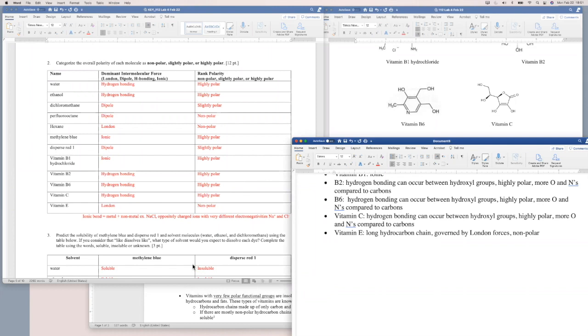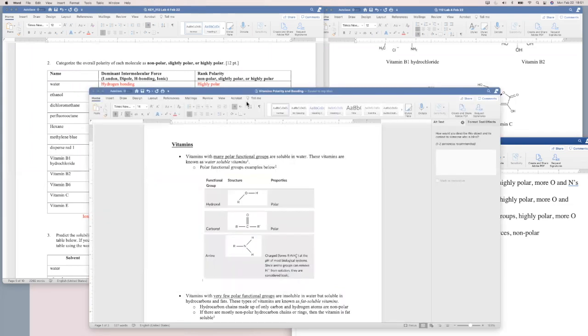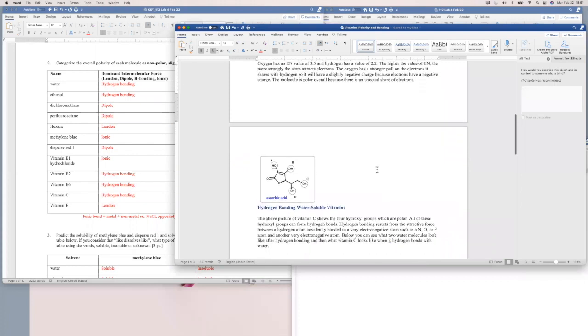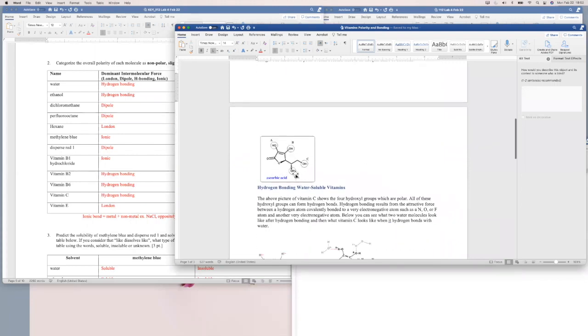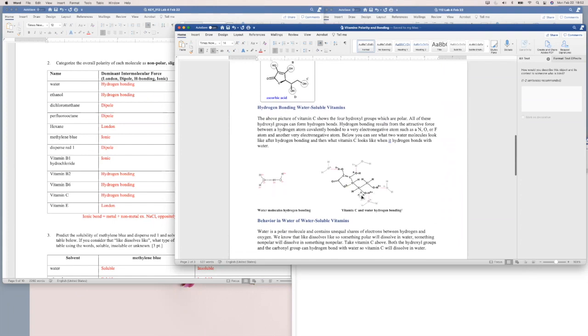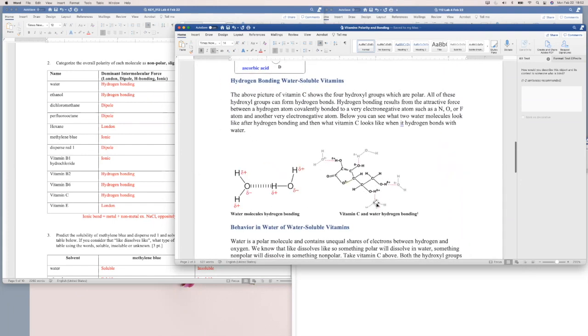And then vitamin C. So vitamin C, where did my document go? Vitamin C is going to do hydrogen bonding and be highly polar. And that's one that I wrote in this document here. So vitamin C, or ascorbic acid, I found this picture where the hydroxyl groups are circled here. And then this is what it looks like when vitamin C is hydrogen bonding.